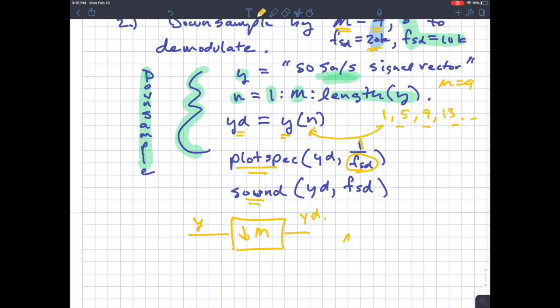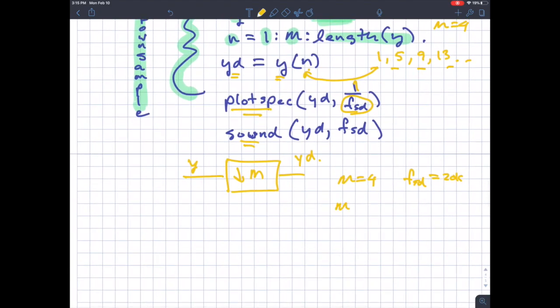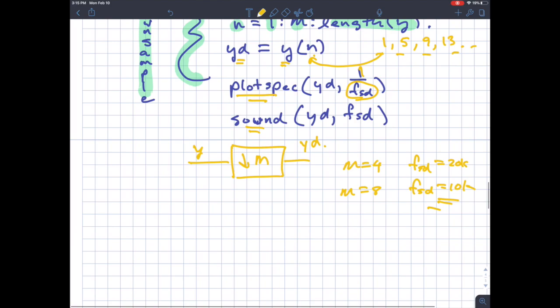If you use m equal 4, FSD is 20K, and when you do m equals 8, FSD is 10K. Both of these should work. You might write your code as a function of m and play around with what happens when m is equal to 5.